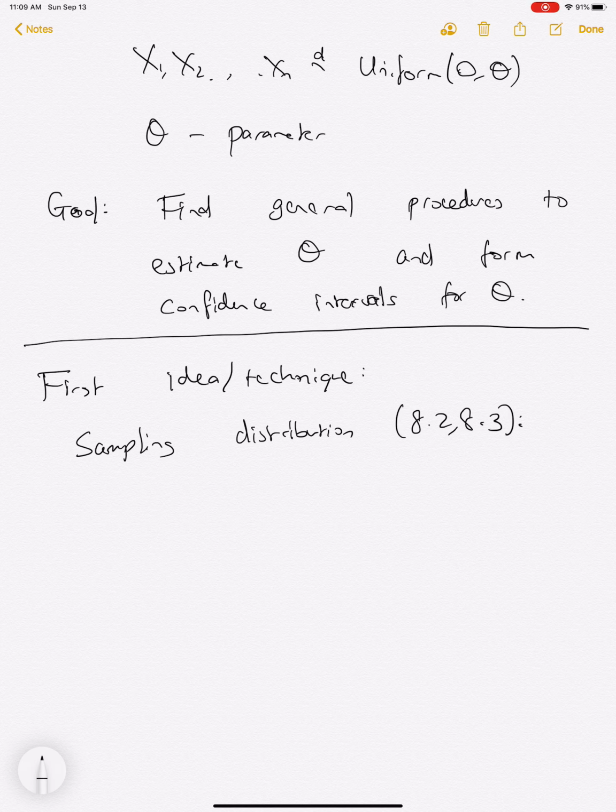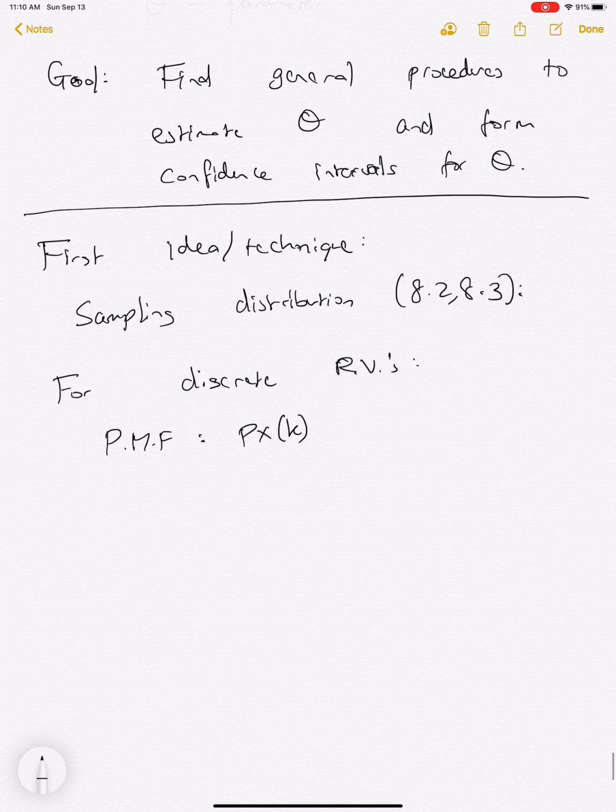So remember, I'm going to focus on discrete random variables for now because it's easier to get this message across. But you can certainly generalize this to continuous random variables, and I'll talk about how we do that throughout. But for discrete random variables, we have this PMF, p_X(k), where k is in the range of X. Okay, and then we know that the PMF defines the distribution.